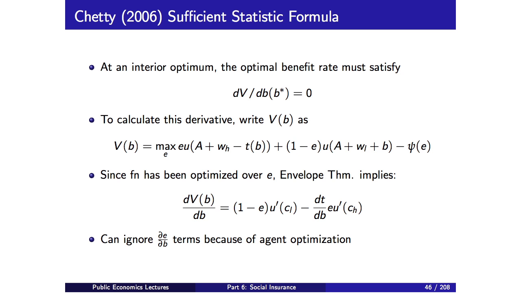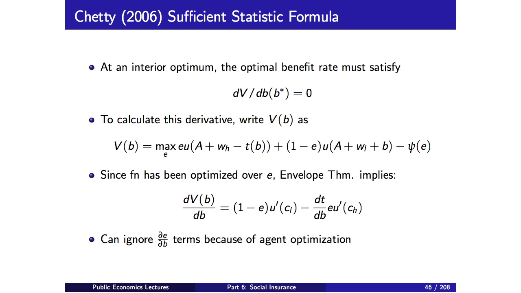interpretation, right? What's the impact of raising benefits by $1 on the agent's utility? There are two terms. First, I give you an extra dollar of benefits when you're unemployed. What's the value of that to you? It's the probability that you're unemployed, 1 minus E, times the value of an extra dollar when you're unemployed, which is U prime of CL, the marginal utility of consumption in the low state. What is the cost of giving you that dollar?